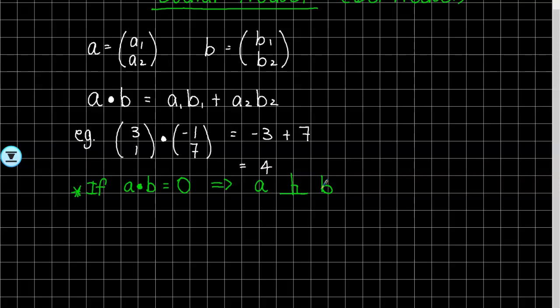Opposite of parallel. Perpendicular. I'll write the word. Perpendicular. At 90 degrees to one another.